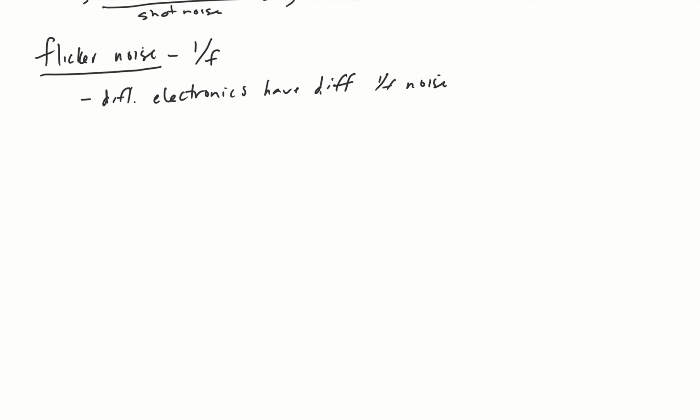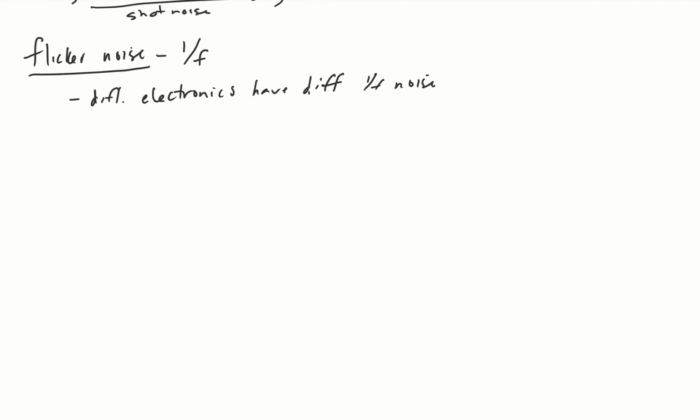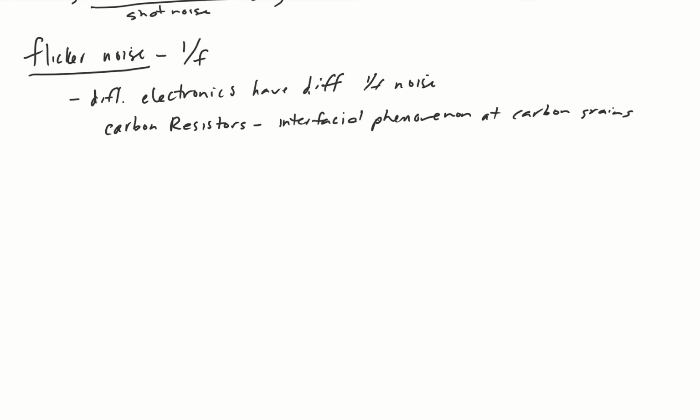So we do know that for carbon resistors, the flicker noise does have a dependence on the interface of the carbon grains. So if you need to reduce the flicker noise, you can use fancier resistors.